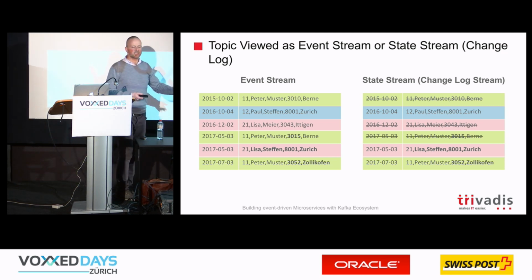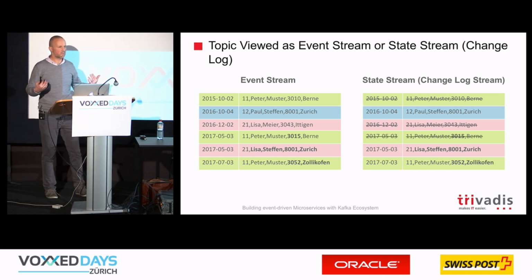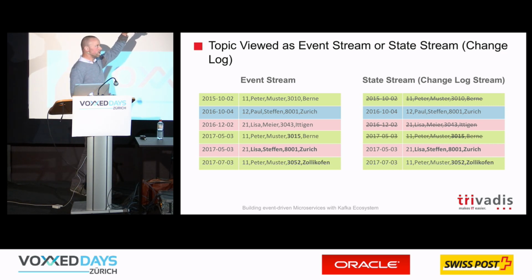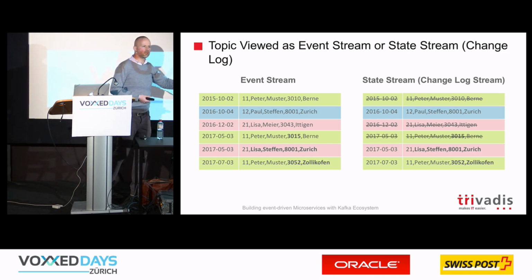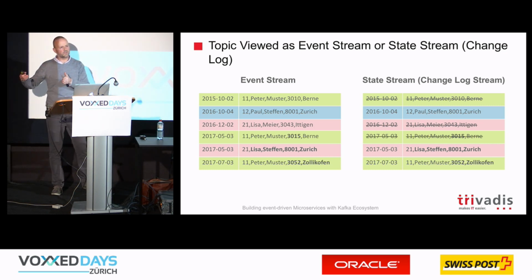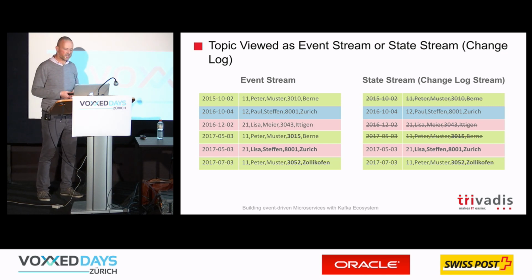But maybe you're only interested in the latest state, in the latest representation of your customer. So now reading through a whole history of events and just applying insert, update, update, update all the time to get to the latest view, of course, takes a lot of time and a lot of resources.